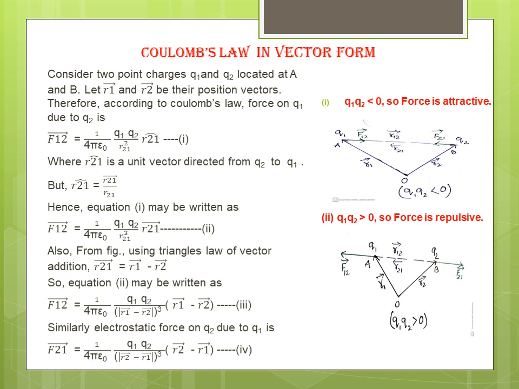Similarly, the electrostatic force on Q2 due to Q1 is F21 equal to 1 by 4 pi epsilon naught Q1 Q2 by modulus of R2 vector minus R1 vector whole cube into R2 vector minus R1 vector.